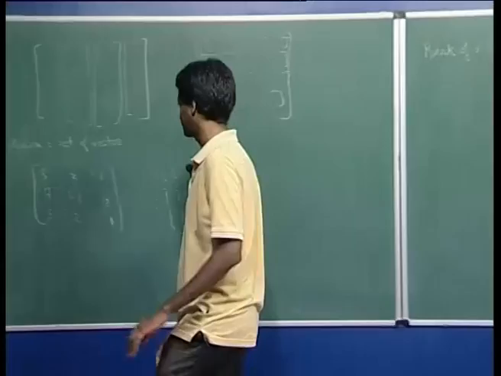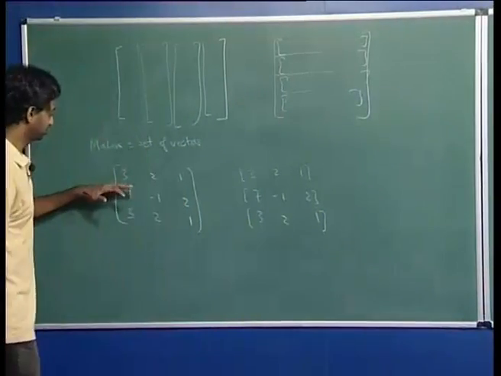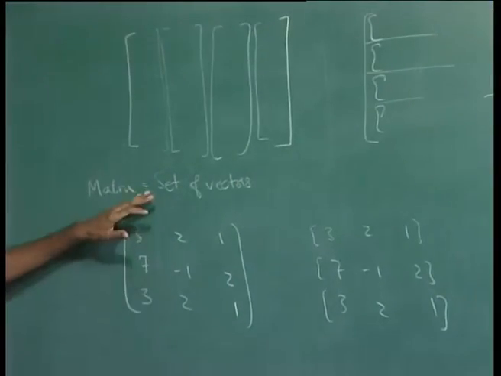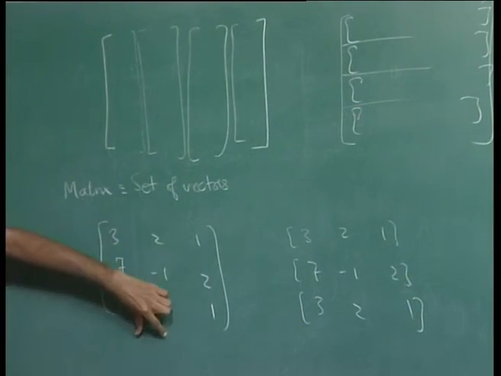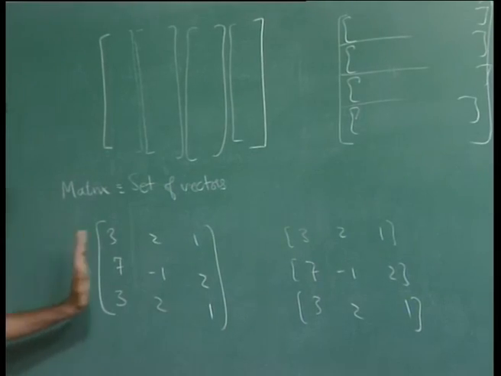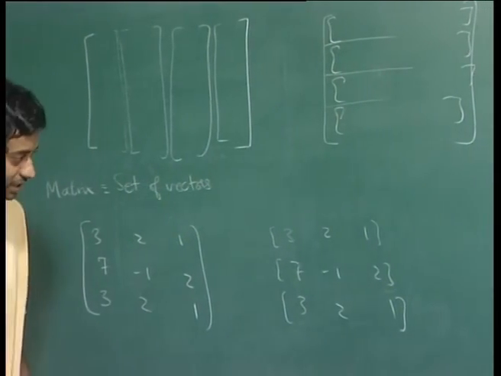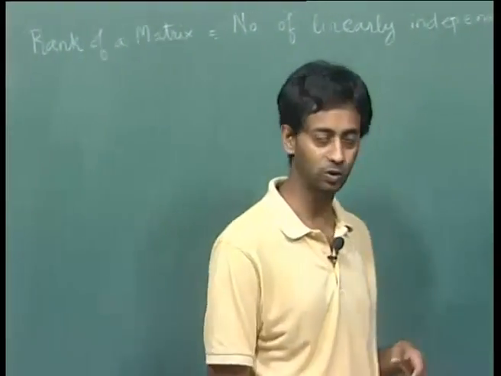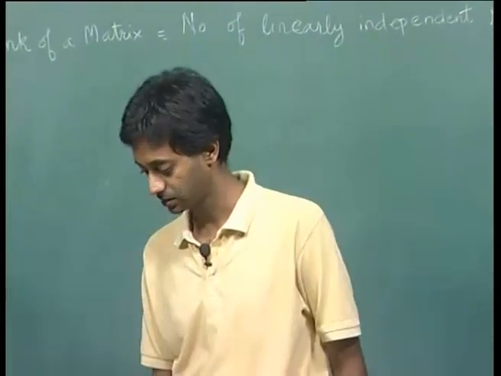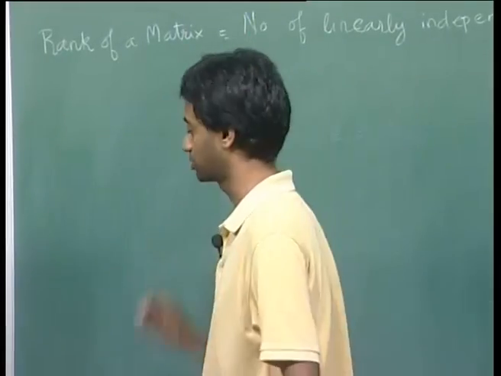So, the rank of a matrix is you look at the rows as vectors and you ask how many of them are linearly independent. Alternatively, you can look at the columns of a matrix and you can ask how many columns are linearly independent. And it turns out that it's not hard to show that whether you look at rows or columns, you will get the same answer. And this answer is called the rank of a matrix.